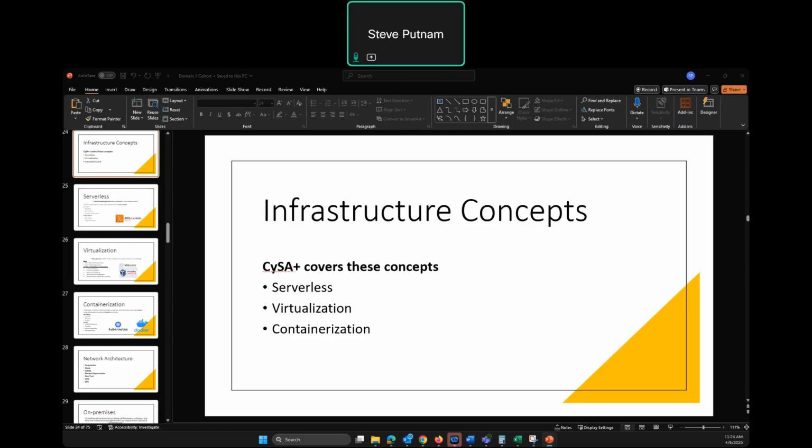Virtualization is the creation of virtual instances of hardware resources, either servers, storage, or networks, using hypervisor software. It creates a virtual version of your server, storage device, or network device. It allows multiple virtual machines to run on a single physical machine.